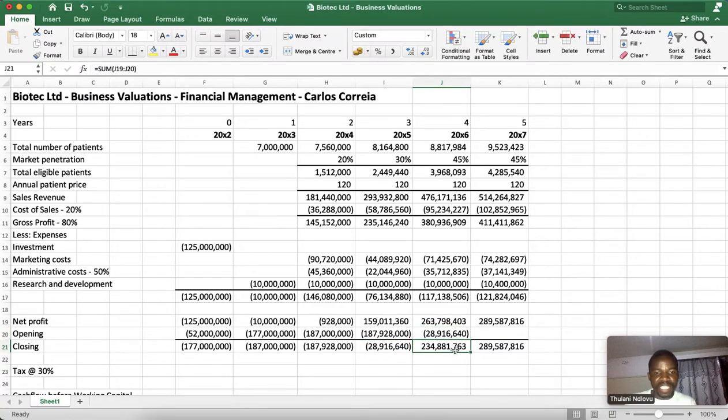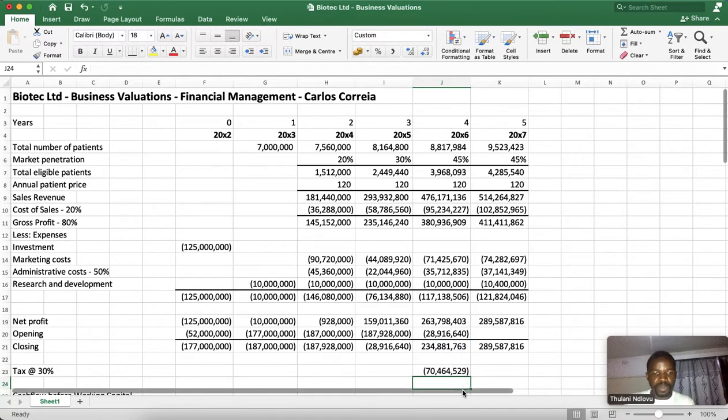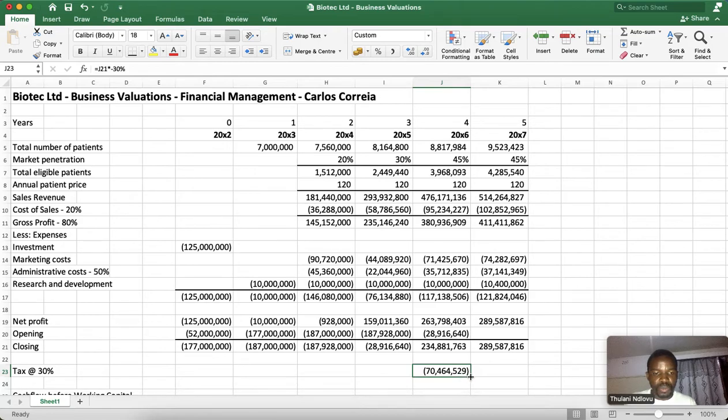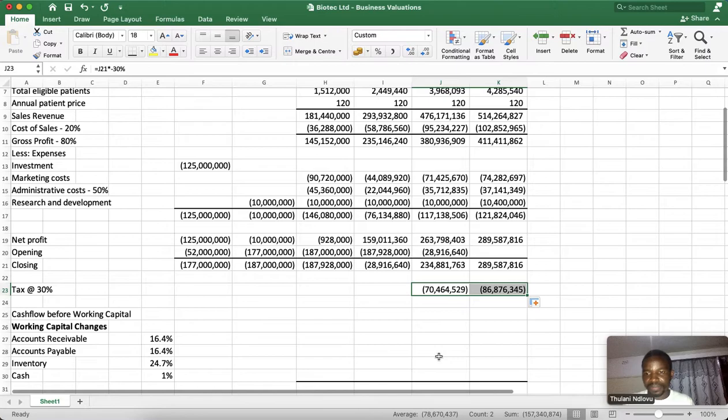Then we do not take this closing as now it is a profit, not a loss. Then we start to tax the profit here in 20x6 at 30%. We get that figure. We also tax the 20x7.